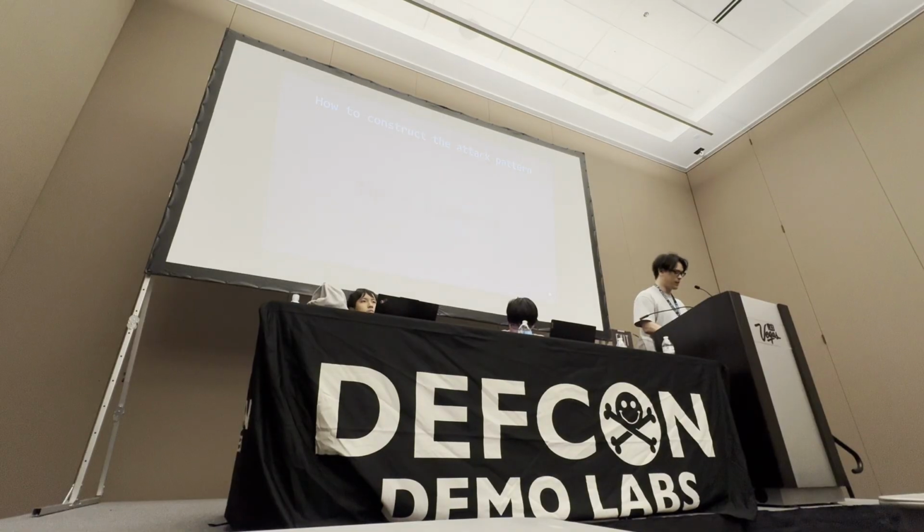So this is how we can have fun with ShinoLLMapps. But as you see, it's a little bit hard to construct the attack pattern. And so here's a concept that I'm using. There are 5 elements, and I will explain with some examples.